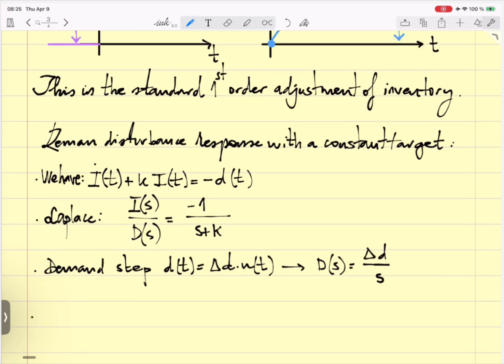As a result, if we plug that in above, we have that I of s equals minus delta D, the demand step, divided by s times s plus k.